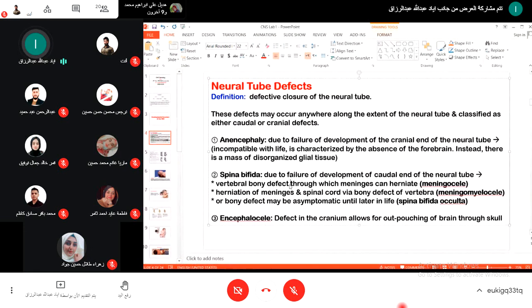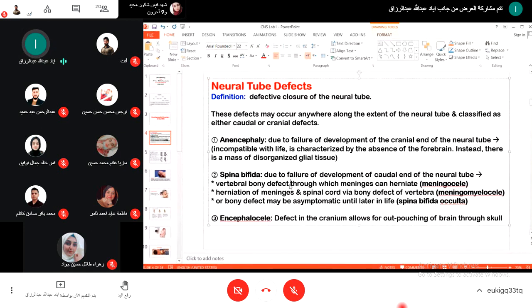When the defect occurs at the caudal end of the neural tube, it is called spina bifida. Again, spina bifida is not a single disease. It is a group of disorders according to the type of tissue herniated through the bony defect in the vertebra.